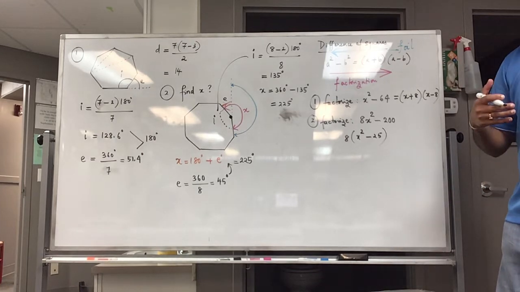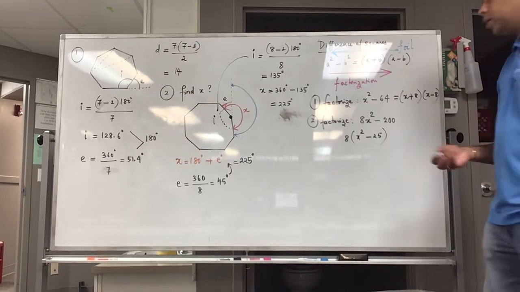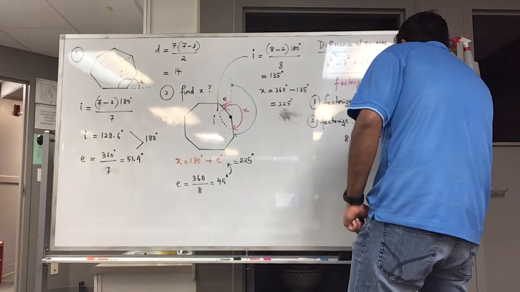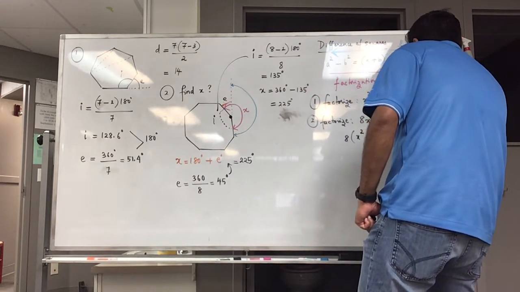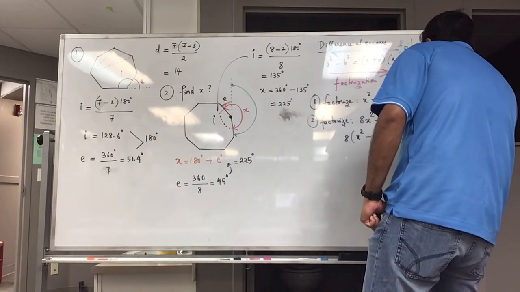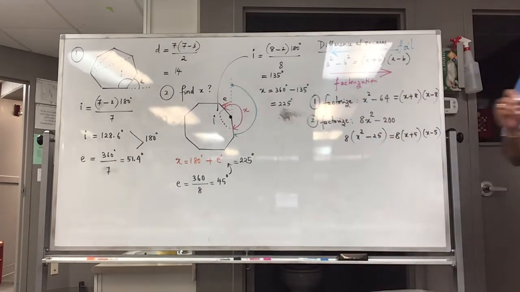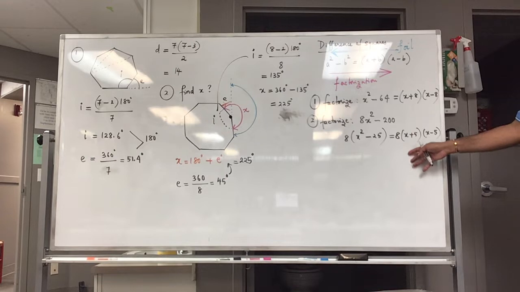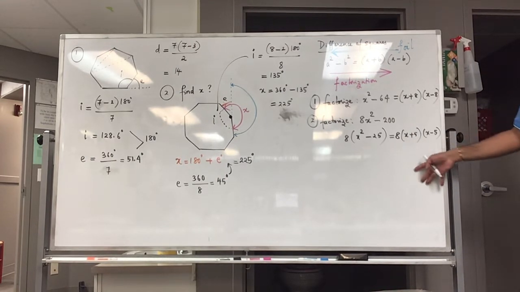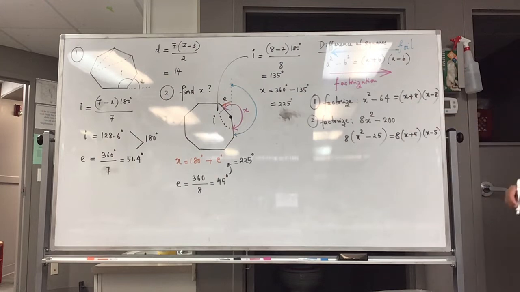You're converting a not-perfect-square expression to a perfect-square one: 8 times x plus 5 times x minus 5. Make sense? This is an important one. I've seen this usually in the first 10, maybe around question 25-ish.